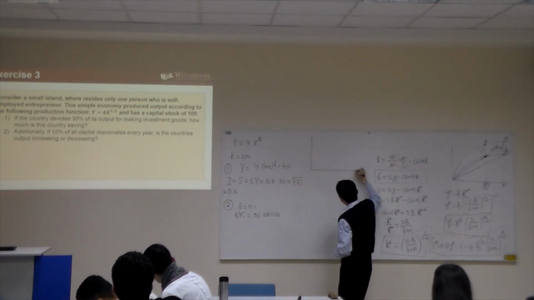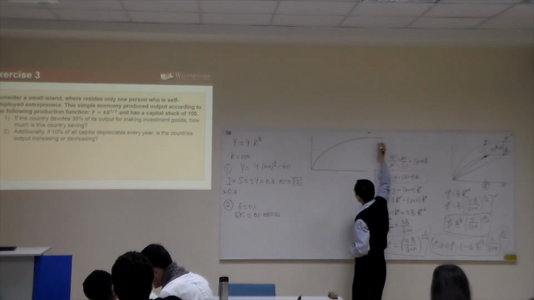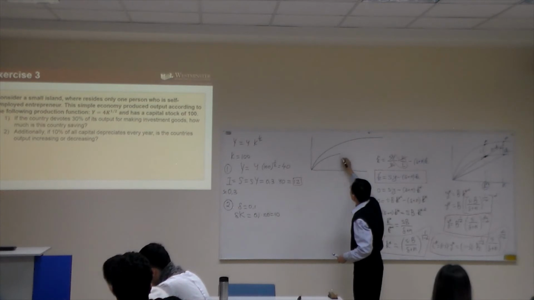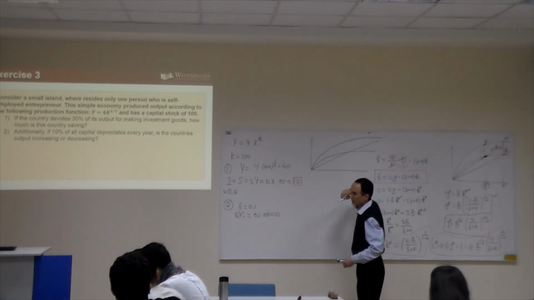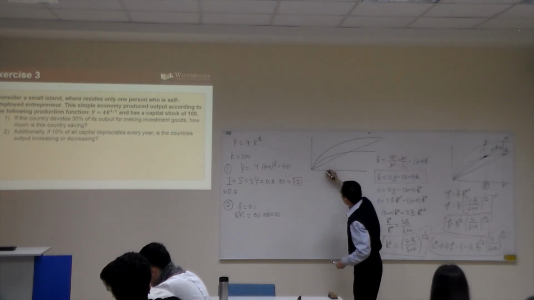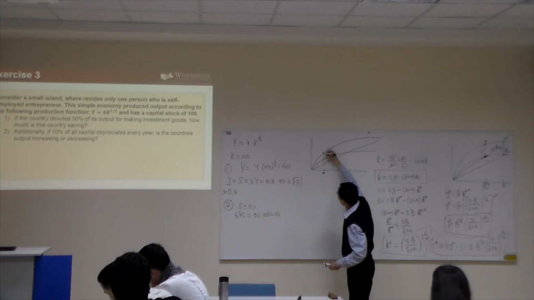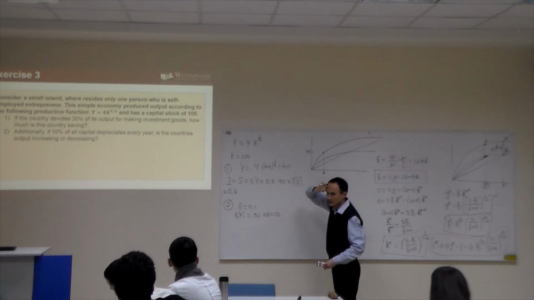So if you draw it graphically, this is the production function of Robinson, okay? And this is the investment function of Robinson, and this is going to be the depreciation line. So capital is somewhere here, 100. And when it was 100, he was able to produce 40 units of output, yes?